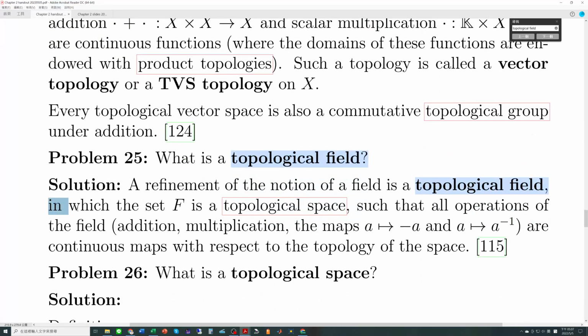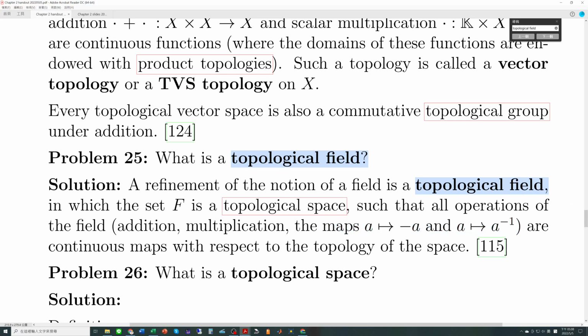So, in which the set F is a topological space. Okay, we will introduce what is a topological space later, such that all operations of the field, addition, multiplication, the maps A to negative A and A to the power of negative 1.